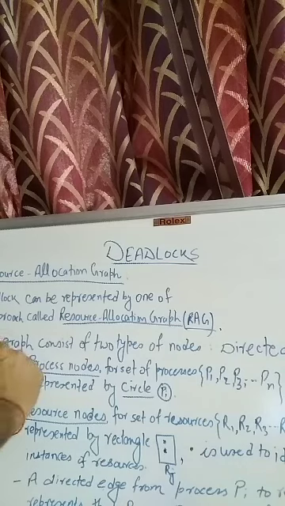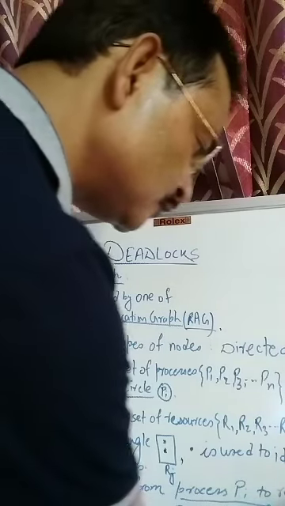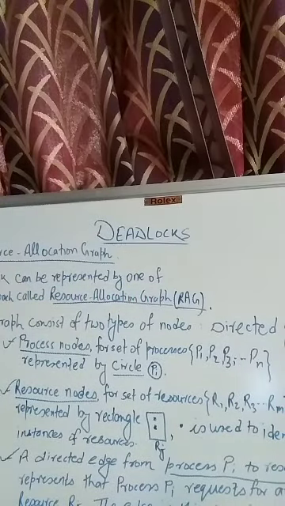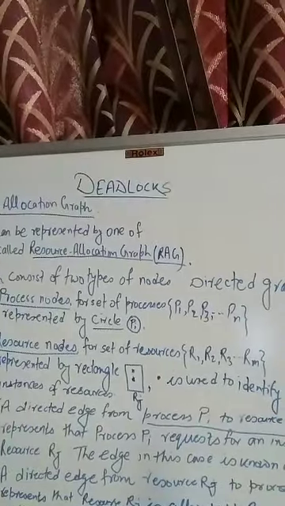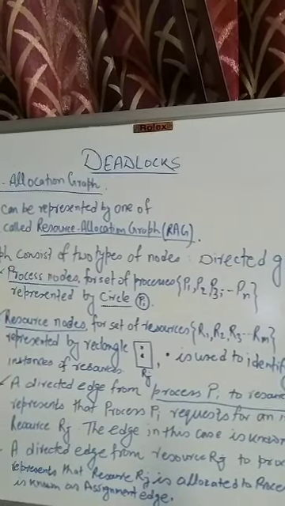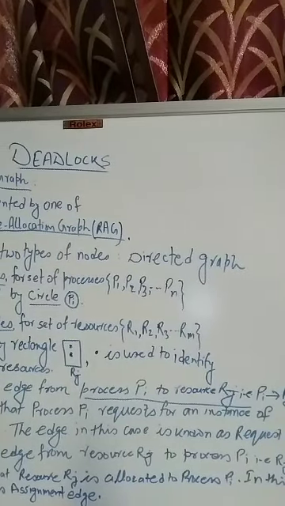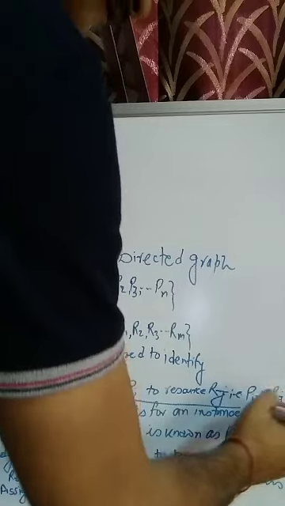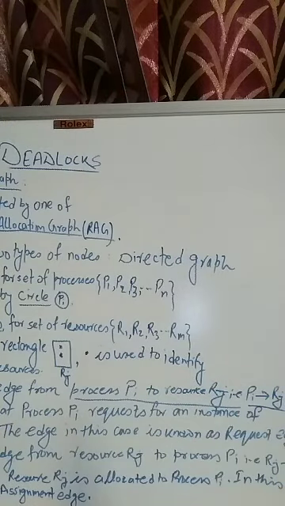So, a directed edge from process Pi to resource Rj, that is Pi arrow Rj, represents that process Pi requests an instance of resource Rj and is still waiting for the allocation of that resource.